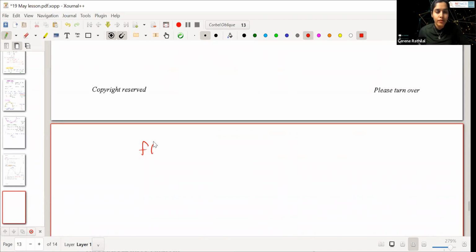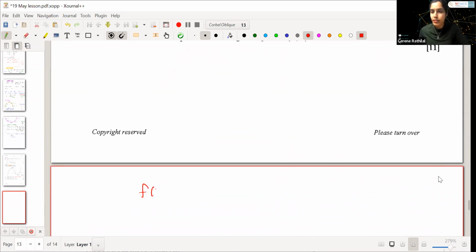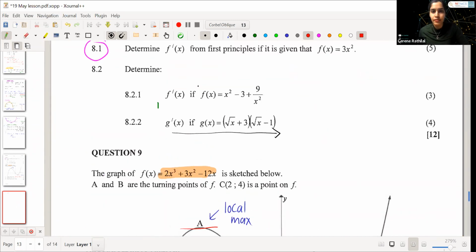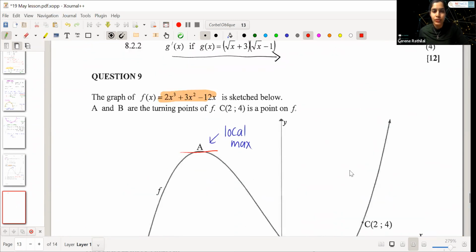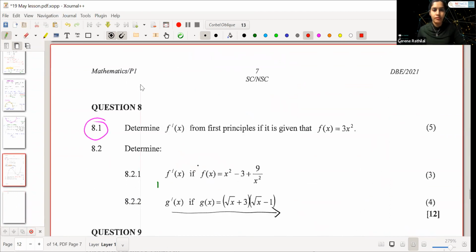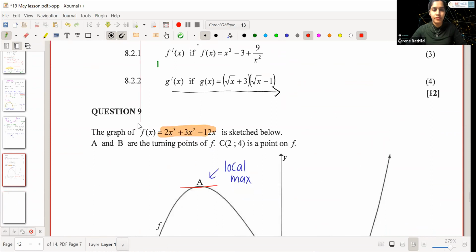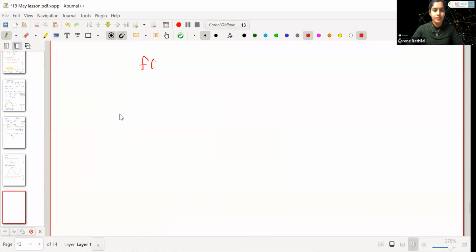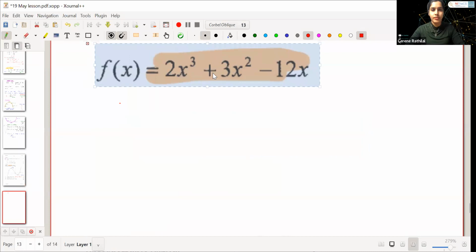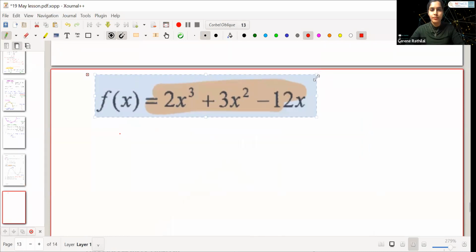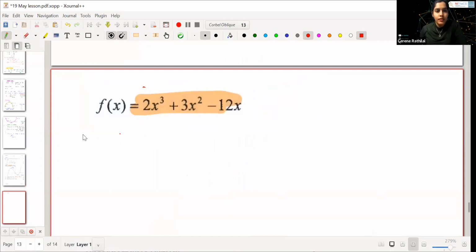So we've got f of x, 2x cubed... okay, so I'm just going to quickly copy this. Great. Okay, so this is our function. Now we need to find f prime of x. So let's differentiate using all of our basic rules.